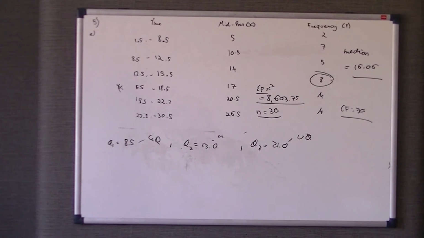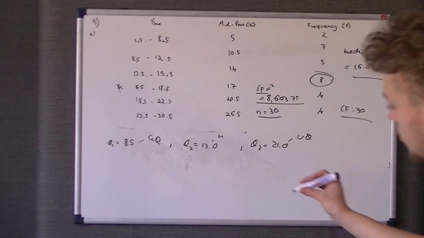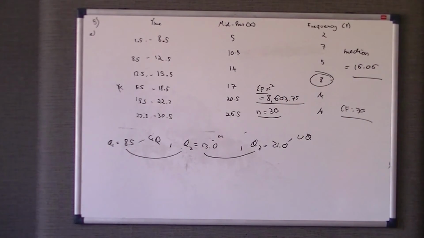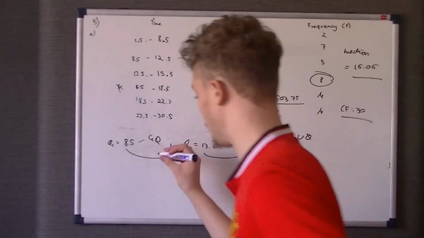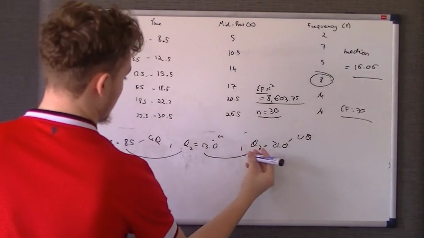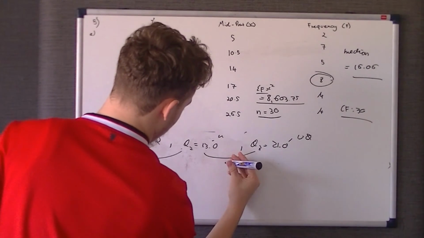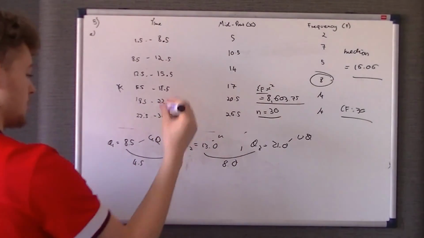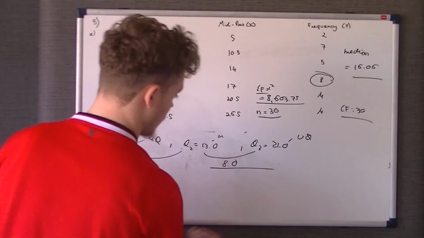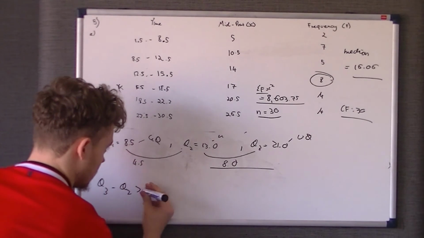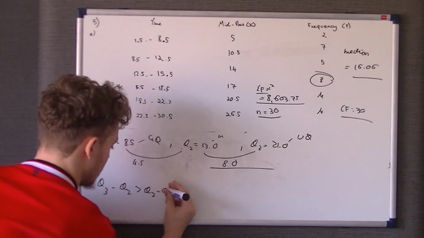So what we need to do is look at the distance between Q1 and Q2 and Q3 and Q2. If you were to work that out, the distance between Q1 and Q2 is 4.5, and the distance between Q3 and Q2 is 8. Q3 take Q2 is larger than Q2 take Q1.